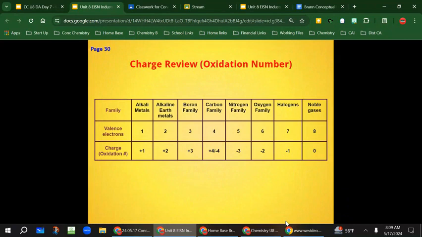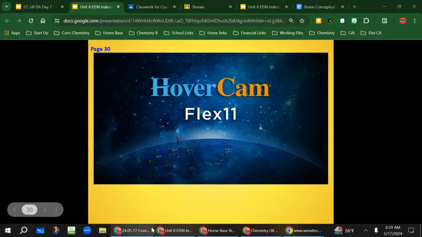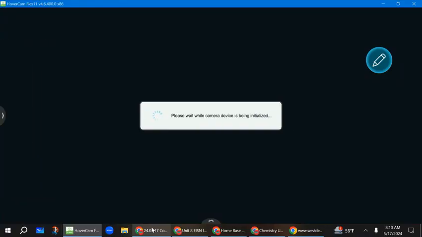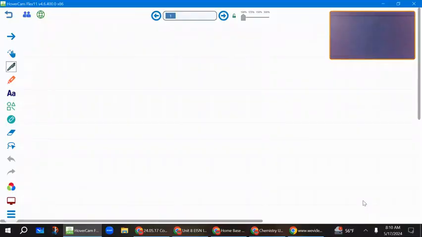Let's try this, ladies and gentlemen. We told you that the reactions that you did in the lab that one time were all redox. So let's take a look at one of those reactions. We took copper metal plus silver nitrate and we mixed them.